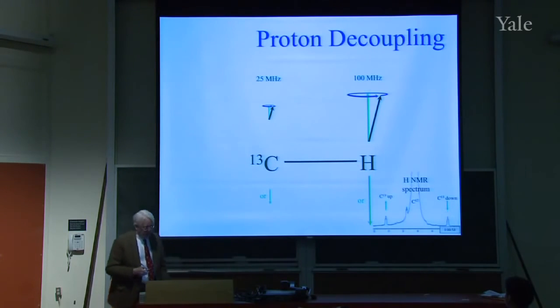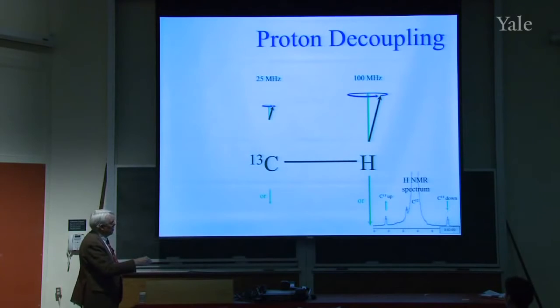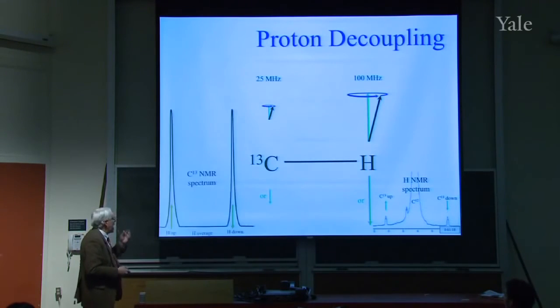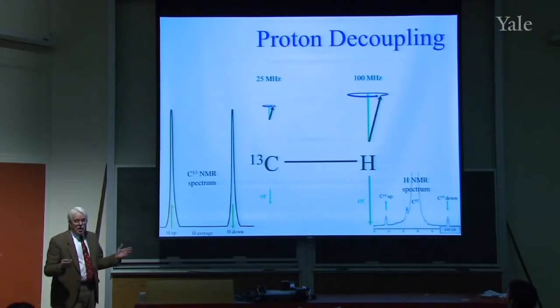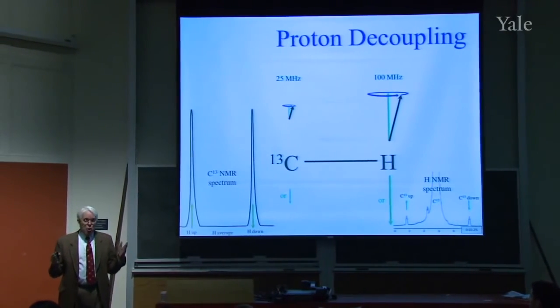Okay, and here's the NMR spectrum, and we've seen the satellites that come. So this peak comes from C12s. This is from C13s when they're down, and this is the proton precession when the C13 is up, reinforcing the applied field. Okay? And at the same time, if we looked at the C13 spectrum, notice that essentially all of hydrogen is protium.